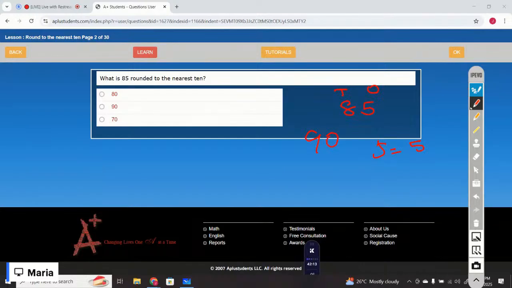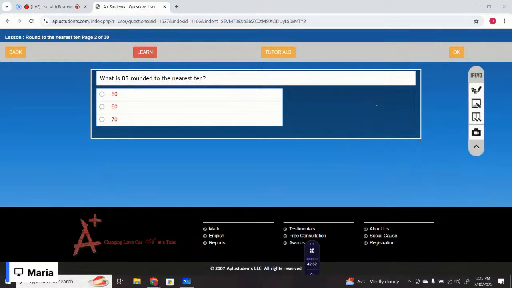So it will be rounded to 90. So 85 is rounded to 90.